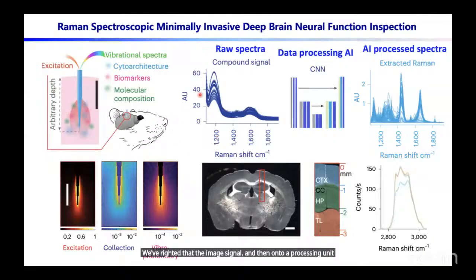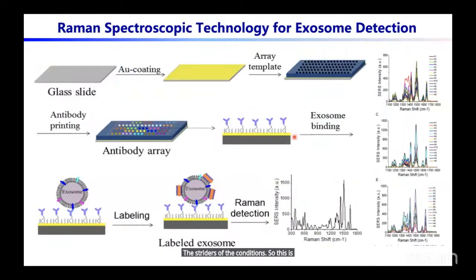In that processing unit, it generates the Raman shift, and then it can be sent to an AI platform for the prediction of the status of the conditions. So this is one example of the application.